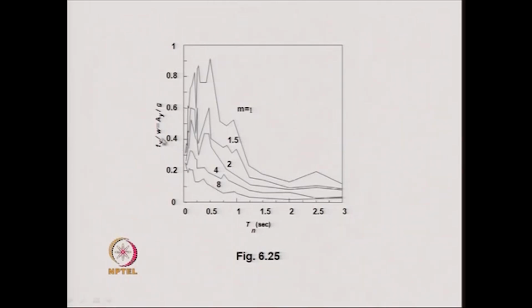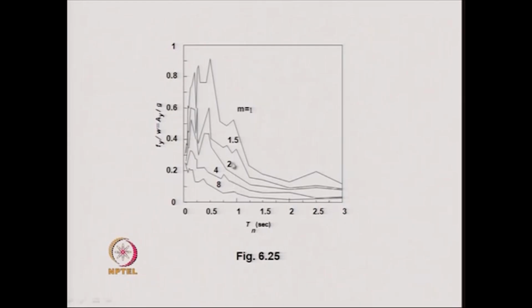For that we have plotted Ay by g, that is the inelastic acceleration response spectrum ordinate normalized with respect to the g value, and that happens to be equal to Fy by the weight W, where Fy is the yield strength of the single degree of freedom system.